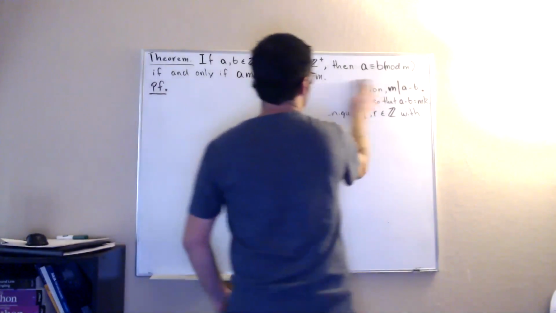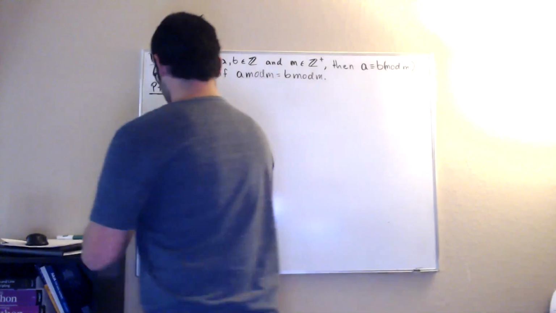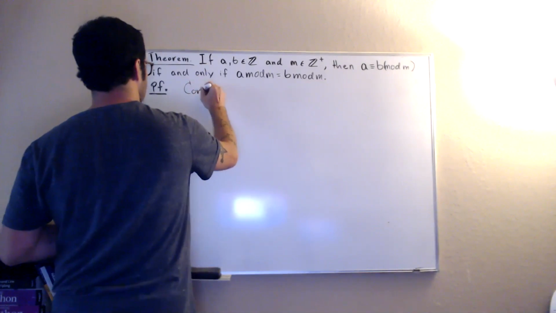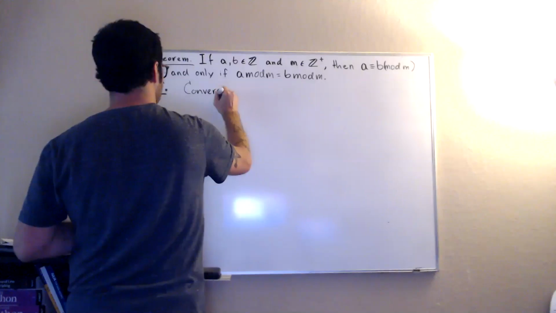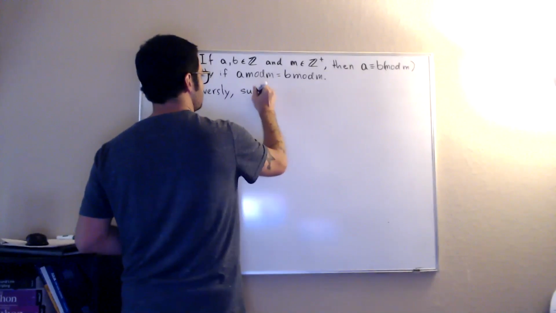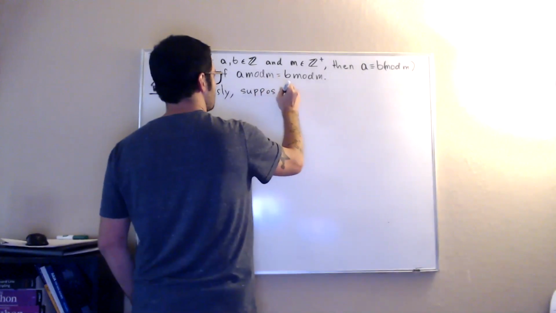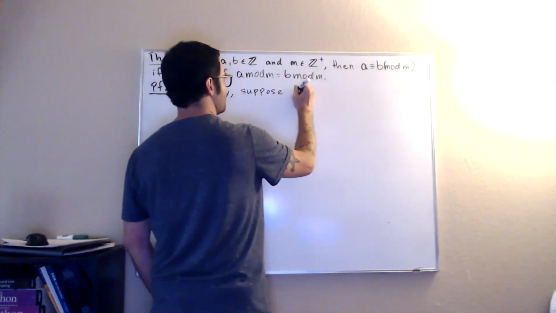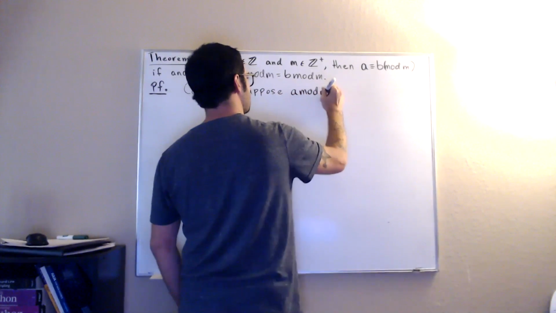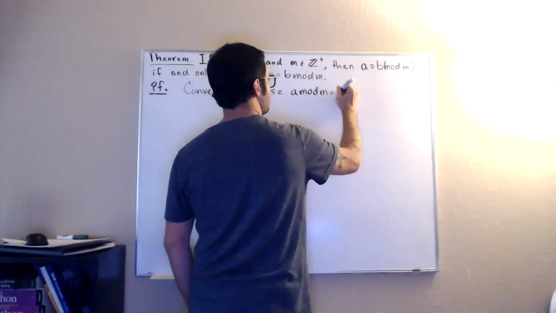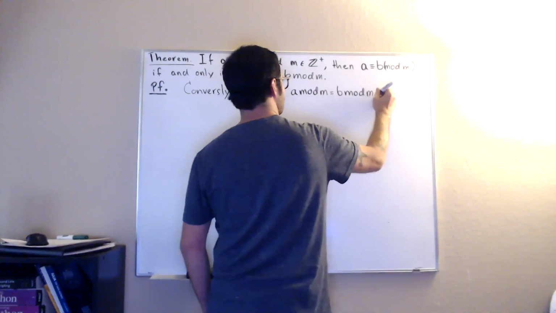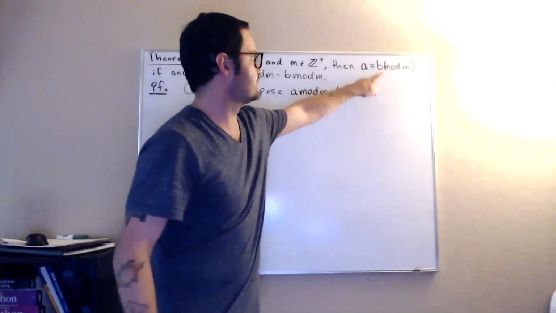So then conversely, suppose that the remainder is equal. Suppose that A mod M is equal to B mod M. Now I want to show that that congruence holds up there.